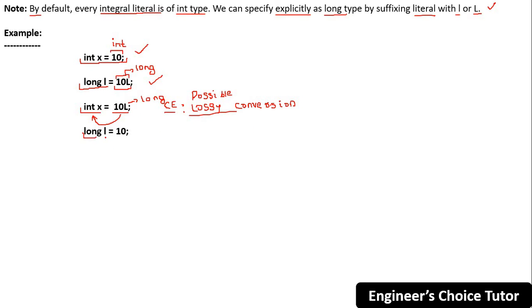See, long l is equal to 10. We have not suffixed this 10 with small l or capital L, so it is of int type. An int type value you can store in a long type. No problem at all, right? Why am I saying this? Tell me the size of int.